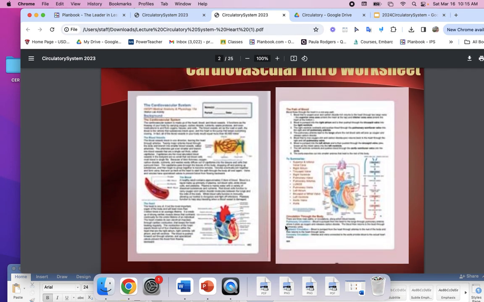It's blurry, I know. But if you'll take a minute, and I'm going to have you read through it here in just a little bit. It goes through the blood vessels, goes through the blood, and goes through the structure of the heart and the pathway of the heart. So go ahead and take a minute and read through that. Once you're finished, go ahead and stop the video and read it, and then start it once you're finished.